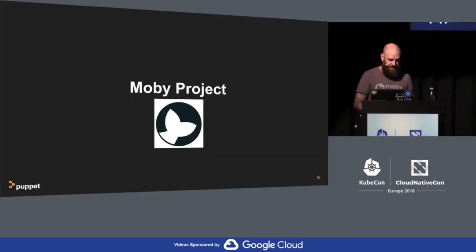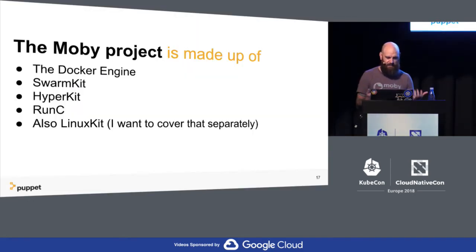So the Moby project is a project that I'm close to and I love. They're all good people there. The Moby project is made up of a whole heap of things that make Docker. There's the engine itself, and SwarmKit is the orchestration layer. You've got HyperKit, which is the Docker for Mac virtualization project. You've got runc and LinuxKit, which I'll talk about separately.